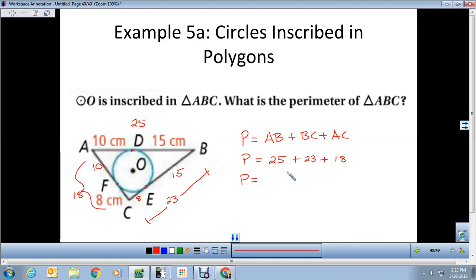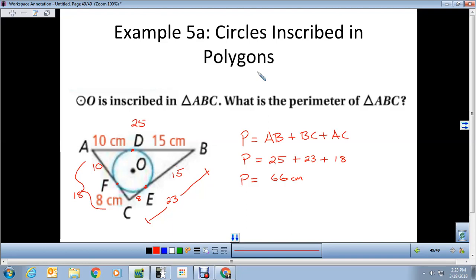So perimeter is going to be 25 plus 23 plus 18, and that's going to give us a total of 66 centimeters. So make sure that if you have to, you draw the picture out and draw in every single segment. It makes it easier to see what side you're looking for and what side you're missing.